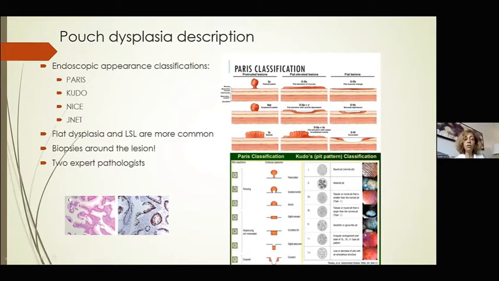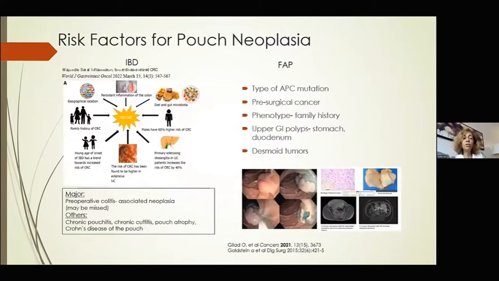Pouch lesions tend to be flat and sometimes laterally spreading. Biopsies should be taken around the lesion. This is highly important. And also a second review from a GI expert pathologist is required in dysplastic lesions and above.